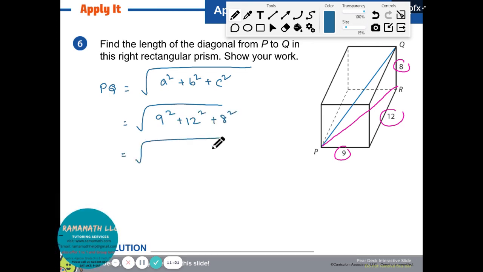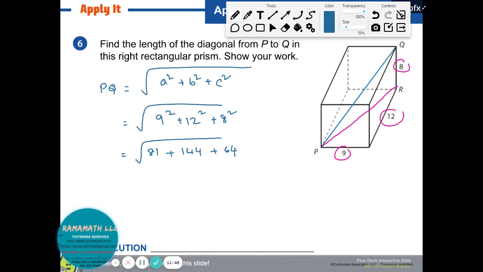Squared means times the same number again. So 9 squared is 9 times 9, which is 81. 12 squared is 12 times 12, which is 144. And then 8 squared is 64. So let's add these numbers, and then we'll find the square root. So we should get the answer for this one, the longest side.